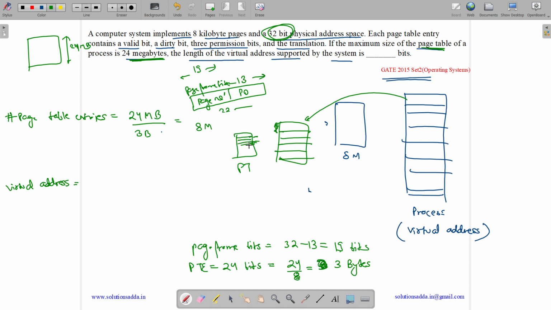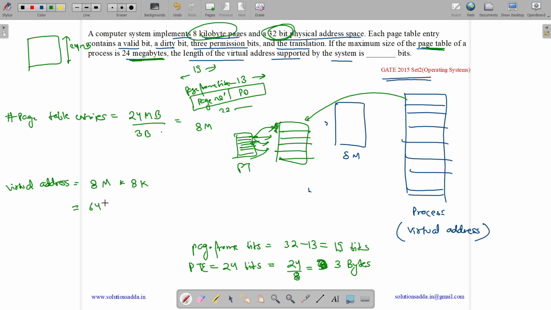Since for each entry we have a corresponding page, the number of pages equals the number of entries. So we have 8 million pages, and the size of each page is 8 kilobyte.